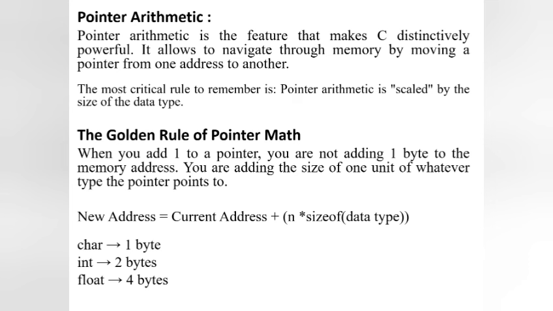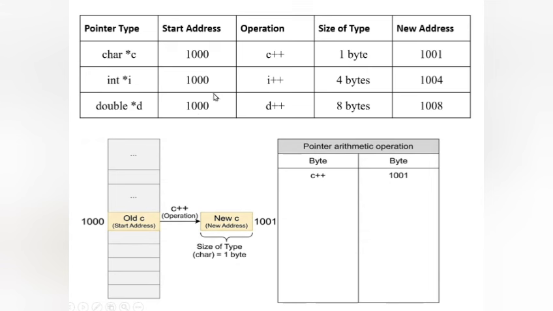If you are referring to a double pointer and the initial content of the pointer is 1000, when we increment a double pointer, it does not move by 1 byte. The size of a double is 8 bytes, so from 1000 it will move to location 1008.